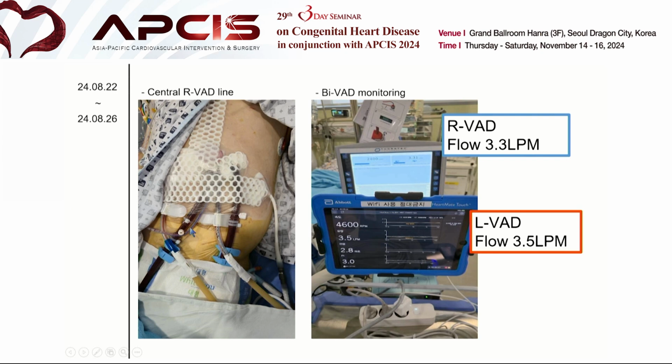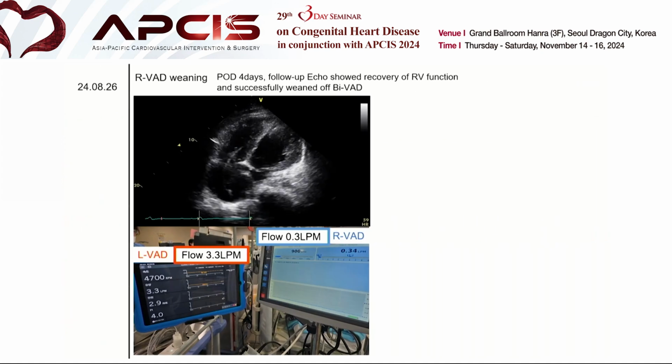And see, like this. And this is the LVAD flow. At first, the flow was 3.3, similar to the LVAD. The left ventricle flow was 3.5. Then 4 days later, I thought the reason for the LVAD dysfunction was the severe defibrillation and then VT and VFib. So we waited for 4 days, and a follow-up echo showed a recovery of the RV.